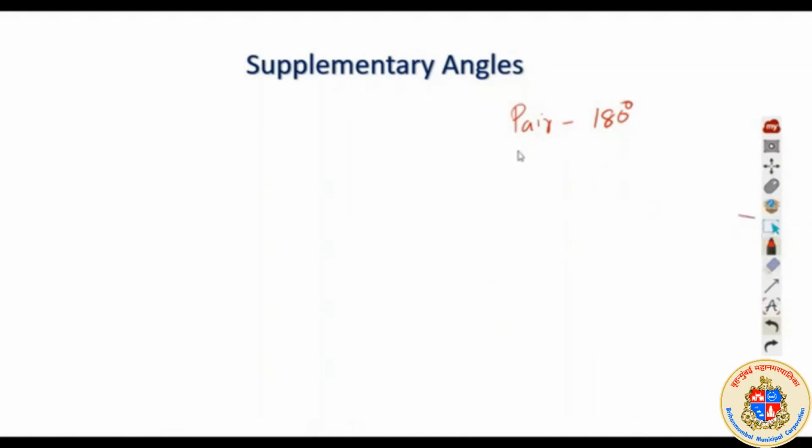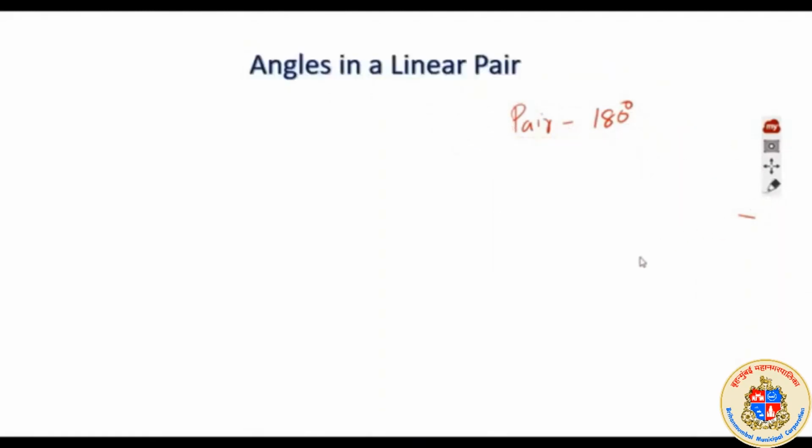Correct? You also studied more such kinds of angles, such as angles in a linear pair. What are they? Linear pair, as the name indicates, are pairs of angles which are on a line. How can it be?